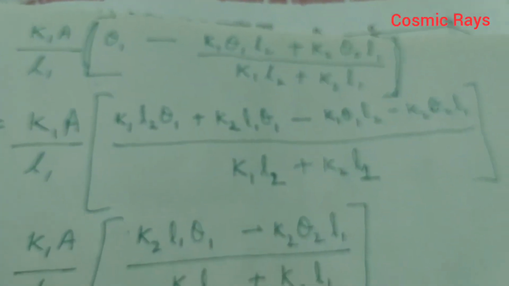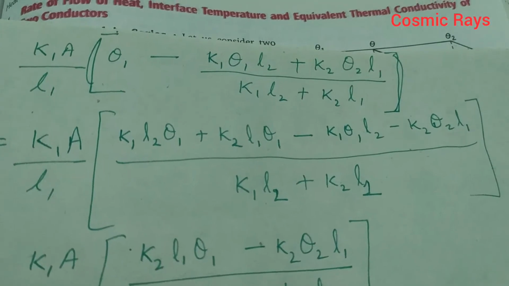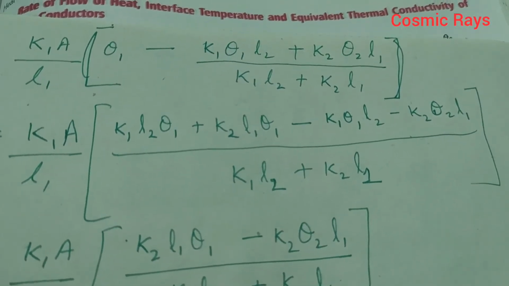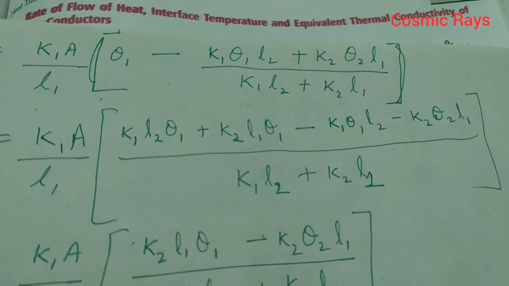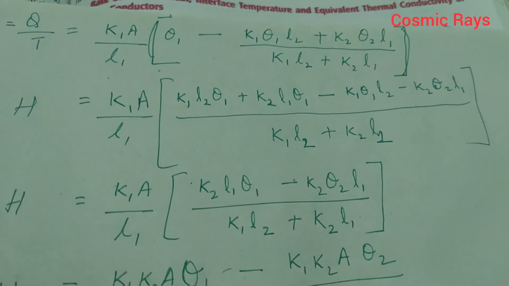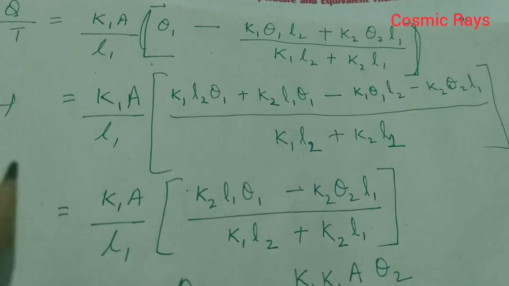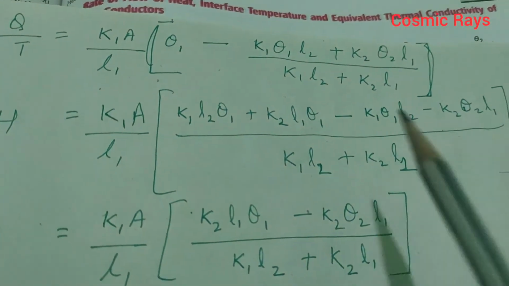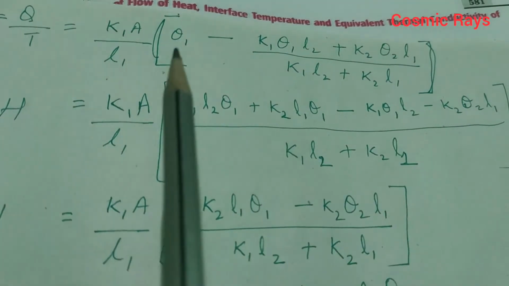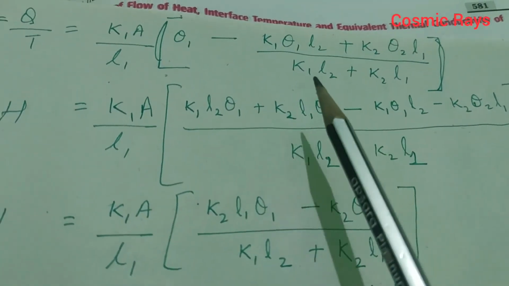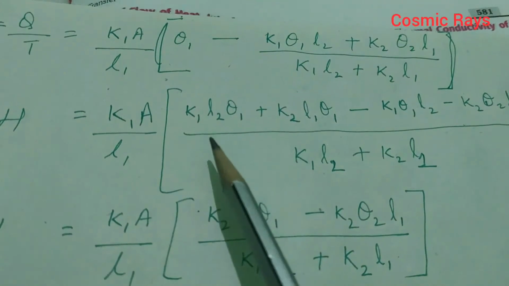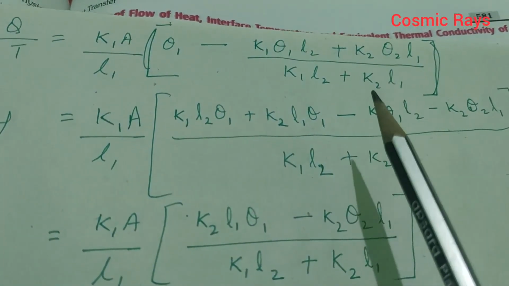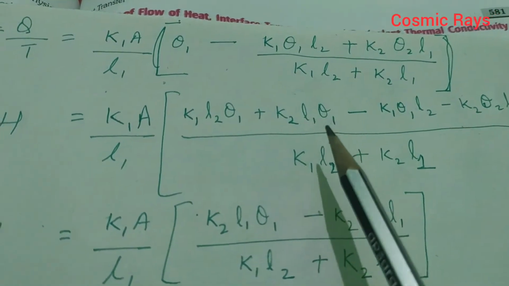In place of theta we write (K1 theta 1 L2 plus K2 theta 2 L1) divided by (K1 L2 plus K2 L1). Now we take LCM, and whatever is the remaining part we leave it as it is. So this whole thing will be multiplied with theta 1. So we have K1 L2 multiplied by theta 1, so becomes K1 L2 theta 1 plus K2 L1 multiplied by theta 1 becomes K2 L1 theta 1.